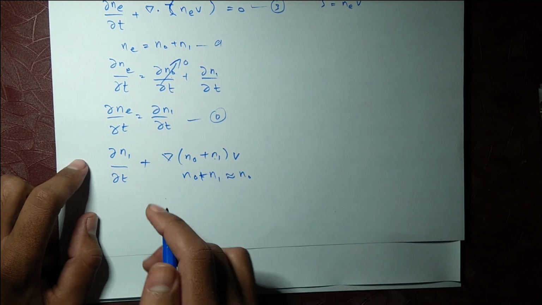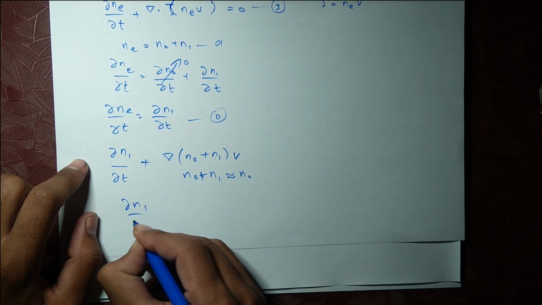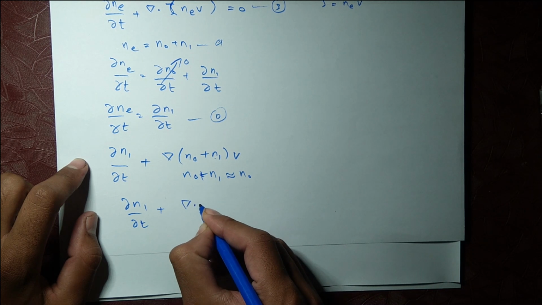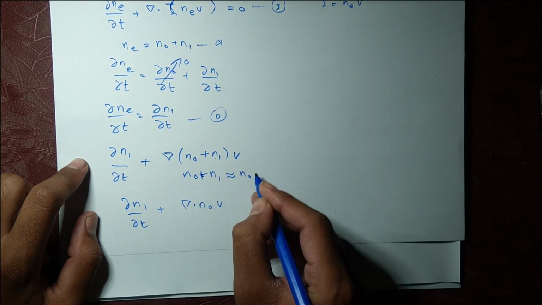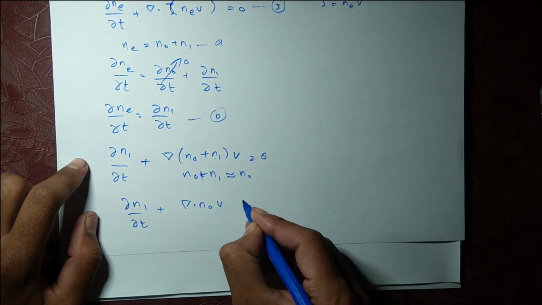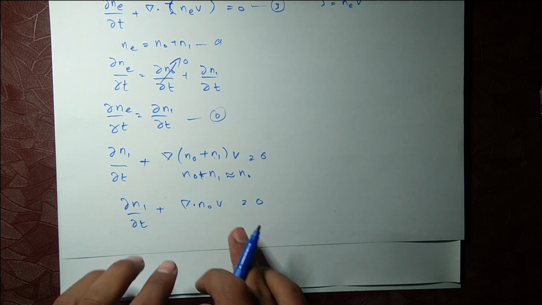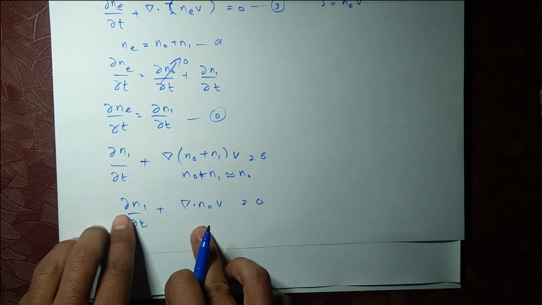So from that we can say that partial n1 by partial t plus del dot n naught v is equal to 0. Now we take the derivative of this equation, again taking partial by partial t.